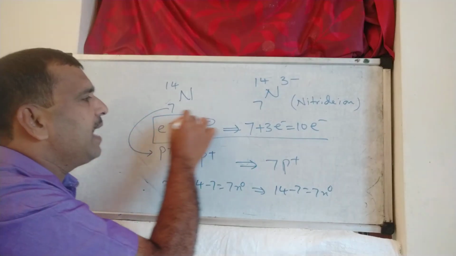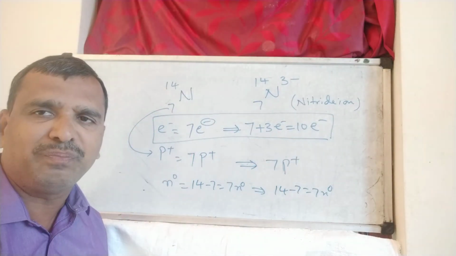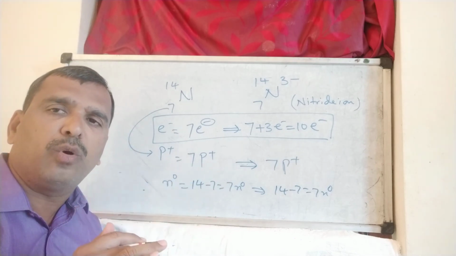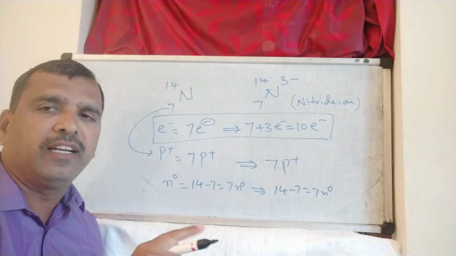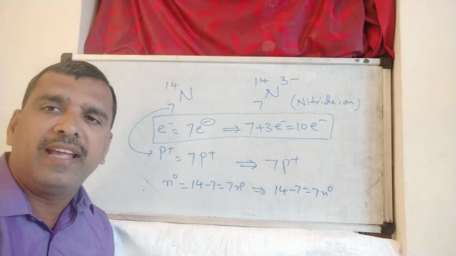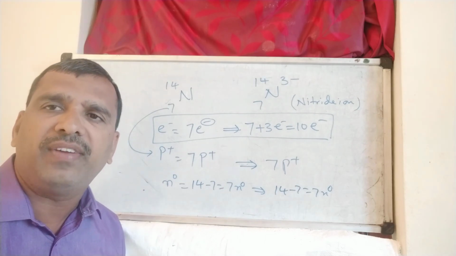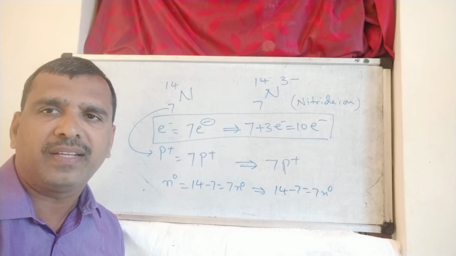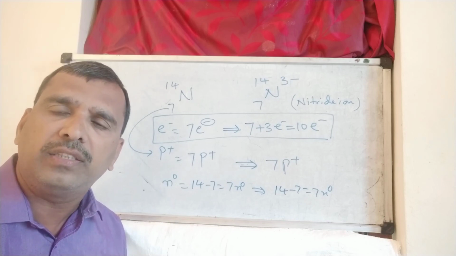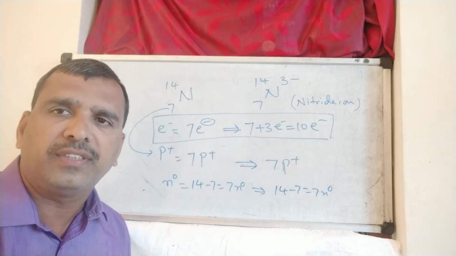They only differ in their number of electrons, because in a reaction, by donating or taking electrons in the valence shell, the number of electrons differs. There is no difference in protons as well as neutrons. Thank you. In the next session, we are going to calculate the number of electrons, protons and neutrons in ions. Thank you.